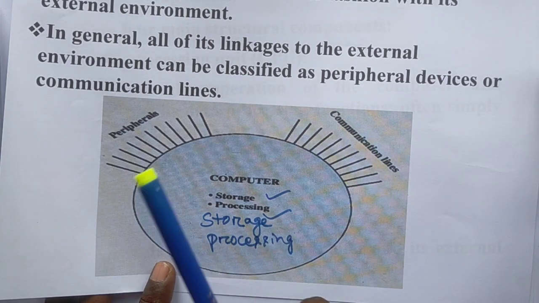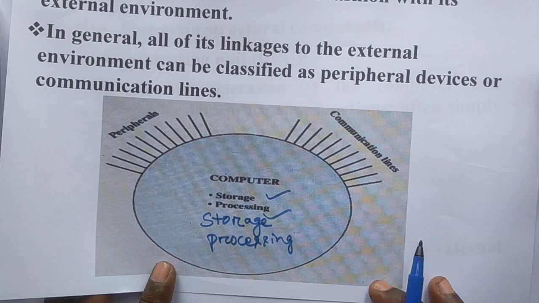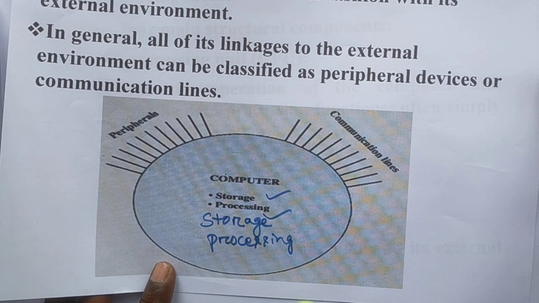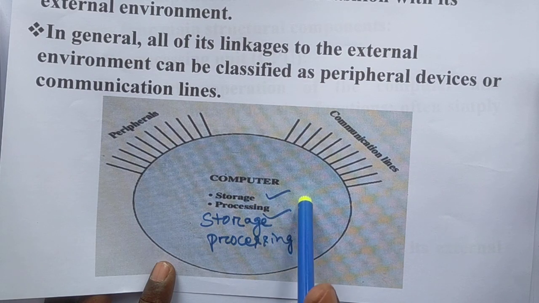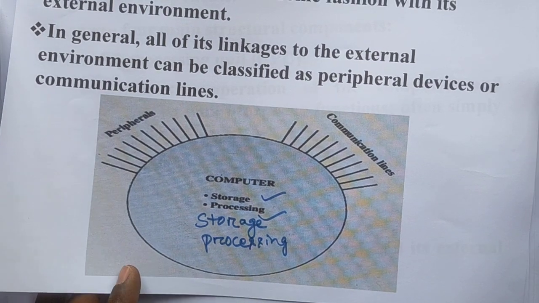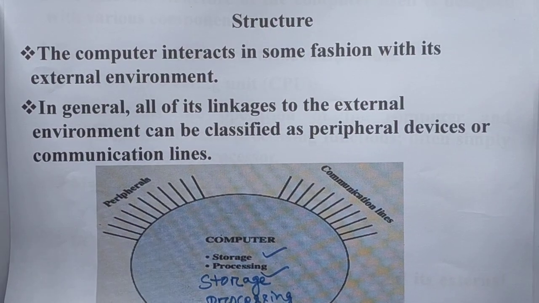It is an internal part of this computer system. When a designer designs the computer system, they know how different components need to communicate through communication lines, with one part being storage and another part processing. So this is the basic concept of a structure.